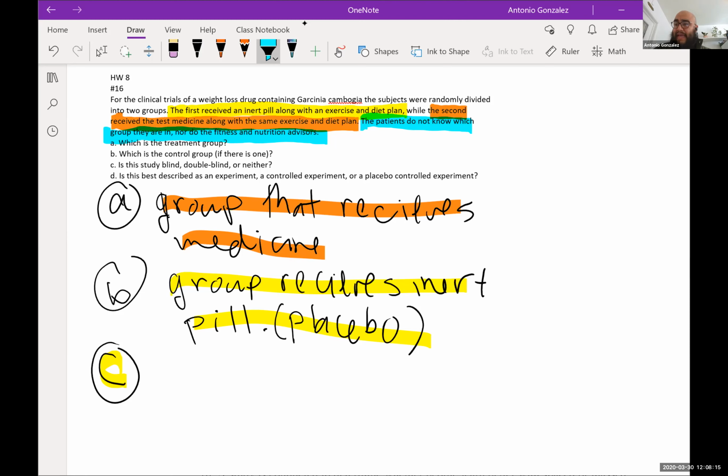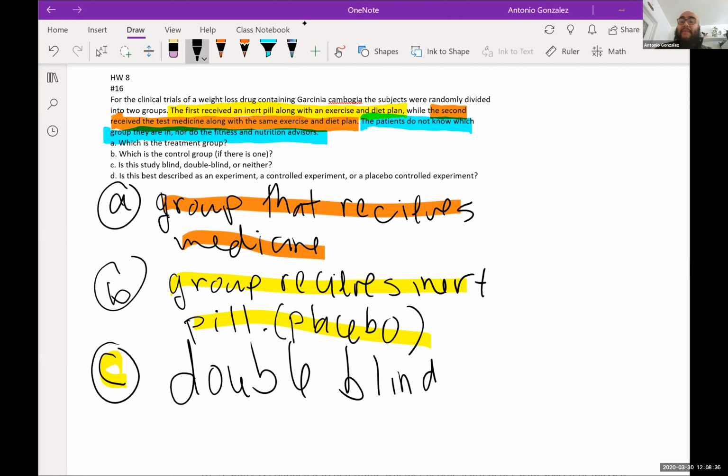Anybody, any guesses on what should be the answer here for part C? Definitely blind, and yeah, Jorge, double blind, right? So for sure blind, but it is double blind. Now, why do we know it's double blind? Because remember, if it's single blind, the participants do not know, which that criteria is met.